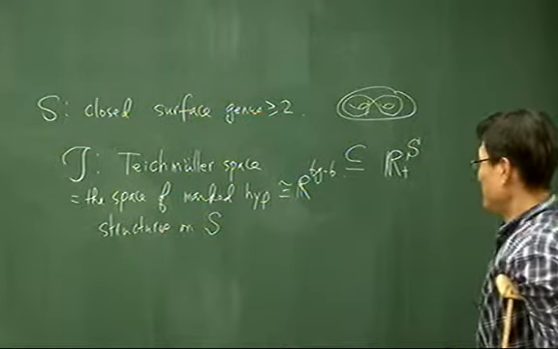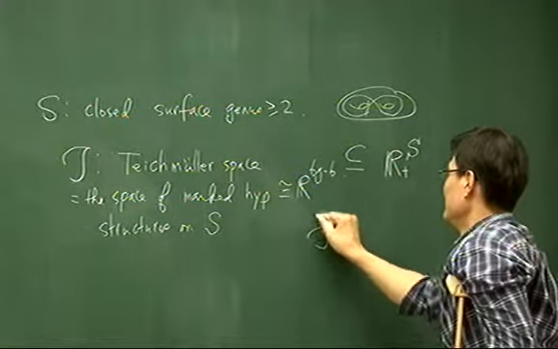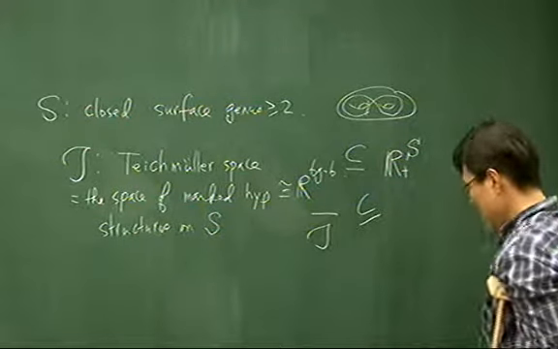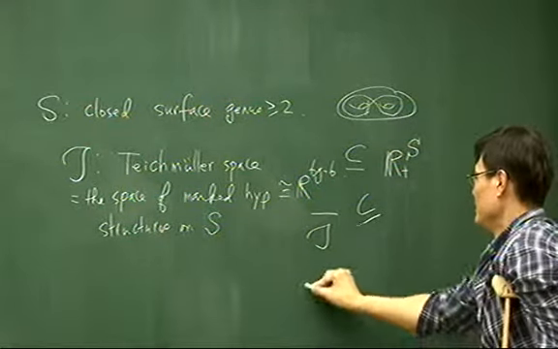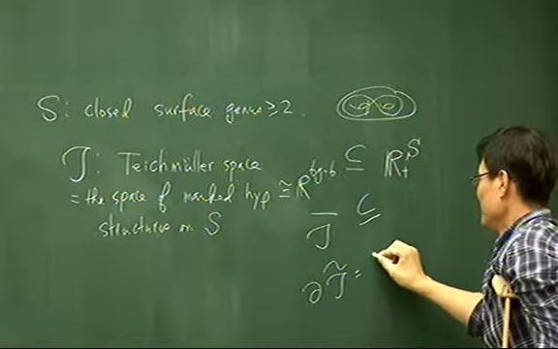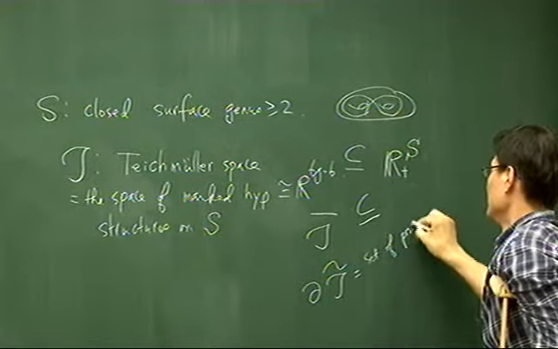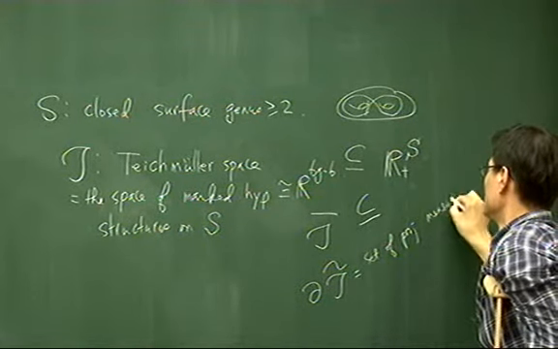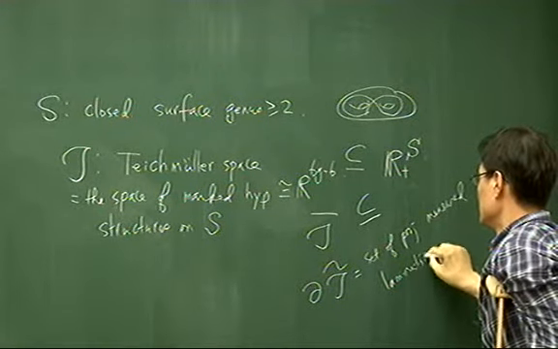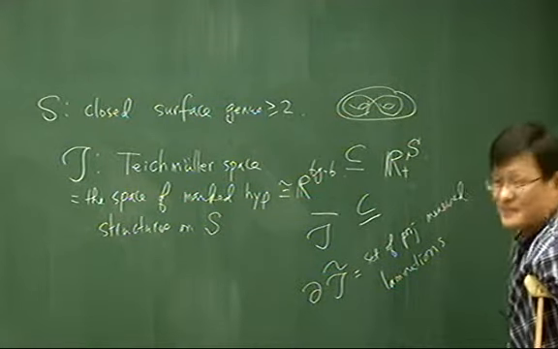So if you compactify this thing in this space, then the boundary of this Teichmüller space is the set of projective measured laminations. Okay.